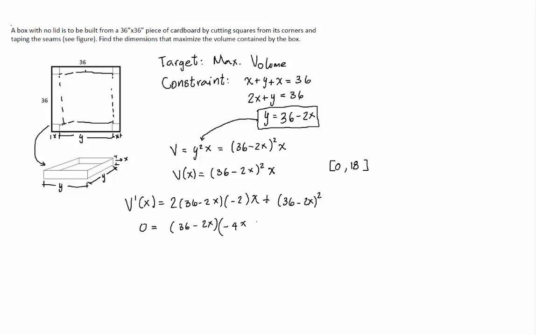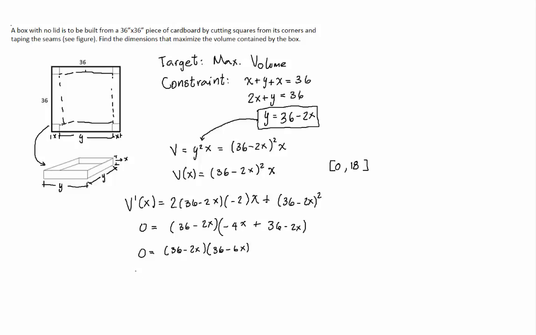And then plus, when you factor out one of these two guys, you're left with another one. So 36 minus 2x, you just copy it. And what do we get? Well, we get 0 equals 36 minus 2x times 36 minus 6x. And we have two factors that multiply out to 0, so this can only happen if each term becomes 0 at a certain point.